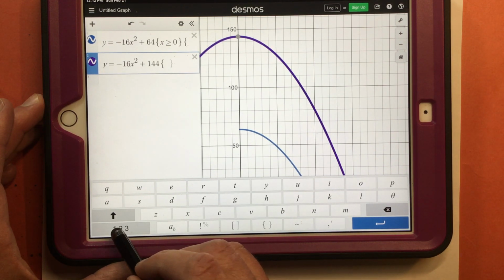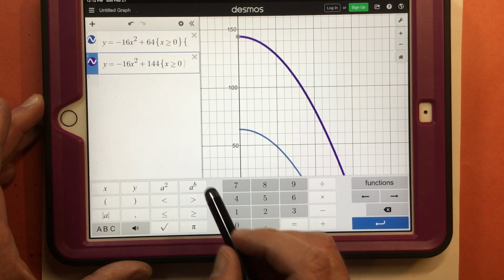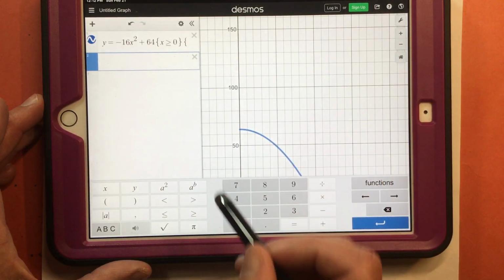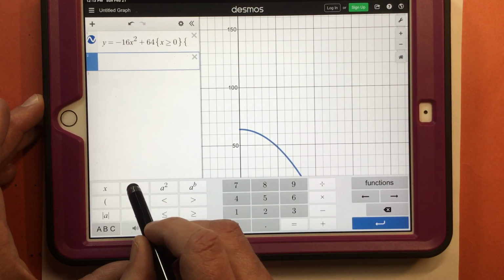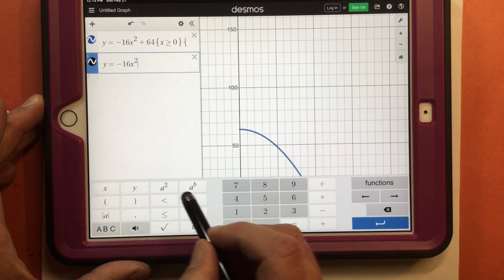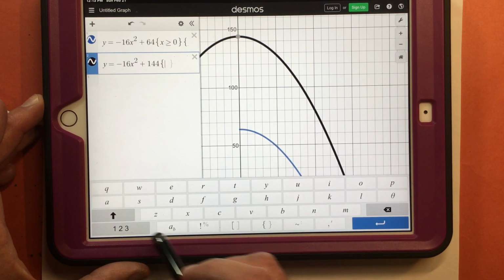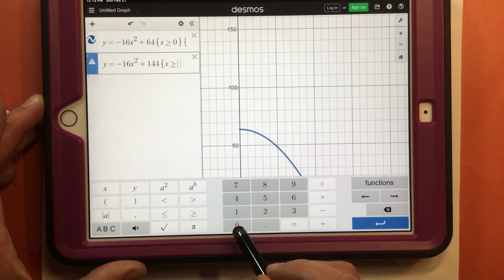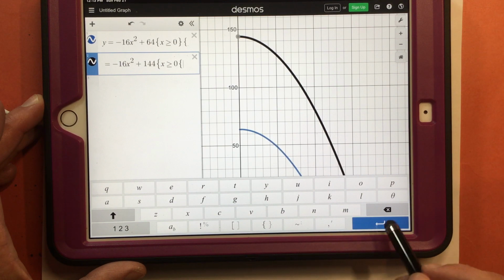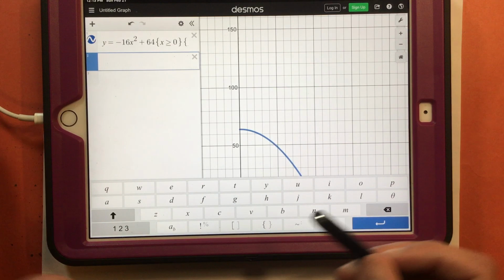All right. So we do x is greater than or equal to 0, and whoa, sorry, I hit the x. I got to start all over again. Y equals negative 16 x squared plus 144. I did it again.